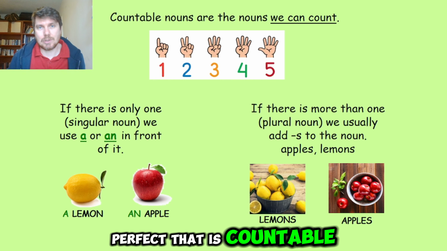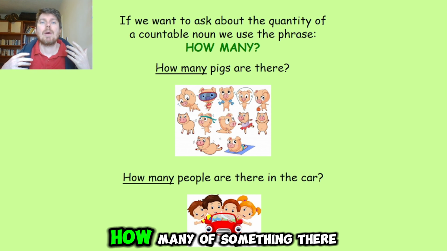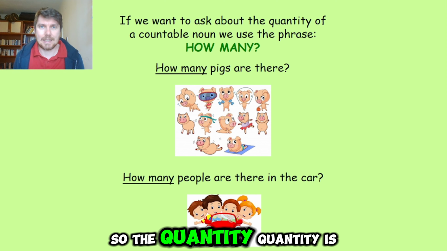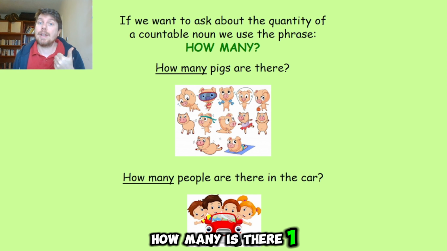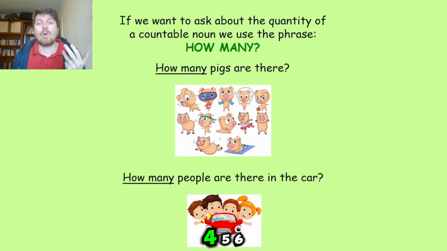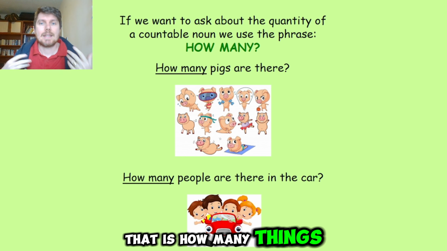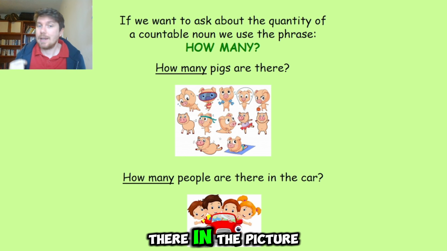That is countable. Now, how do we ask how many of something there is? So the quantity. Quantity is how many. Is there 1, 2, 3, 4, 5, 6, 7, 8, 9, 10? That is how many things there are with countable. So how many pigs are there in the picture?